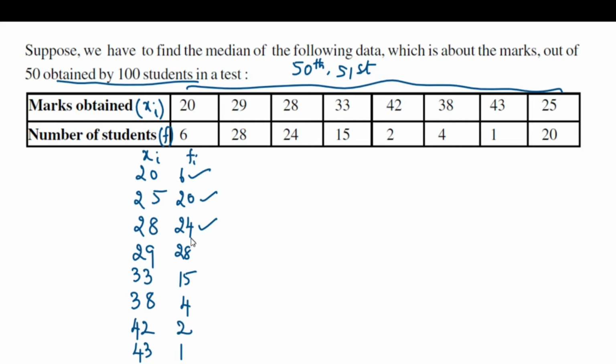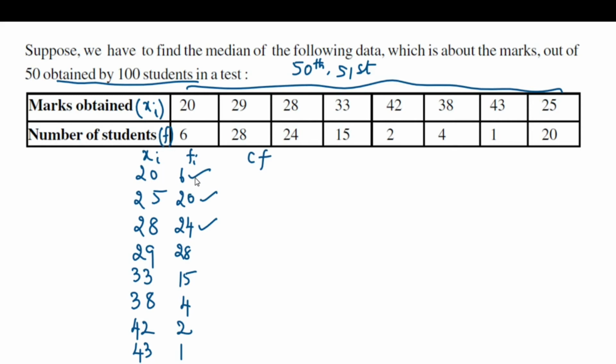So first we have to add these frequencies to locate the 50th observation and 51st observation. Writing the frequencies by adding the individual frequencies, we get cumulative frequency. So let us first write cumulative frequency.